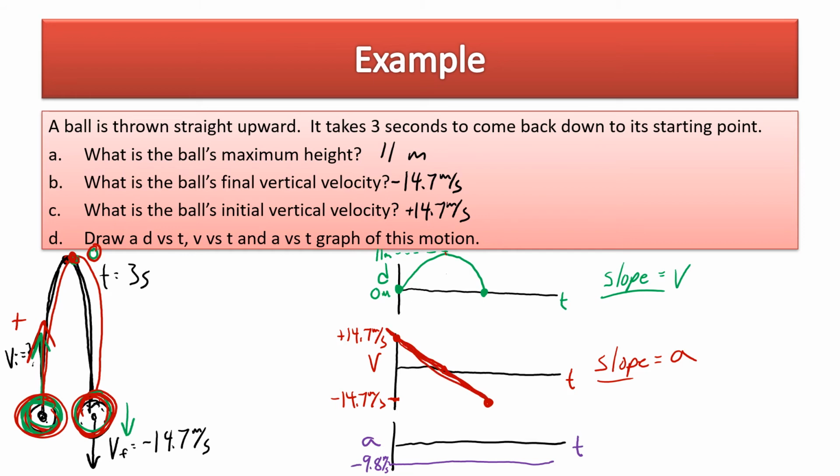And if you calculated that slope, it would be negative 9.8. So that's kind of cool. But when you look at this, it's positive, then it's 0 in the middle, and then it's negative, that makes sense too. So it's kind of like a cool way to really know, oh, do I understand how to interpret graphs? And hopefully at this point, you do.